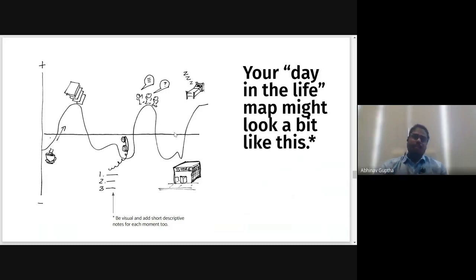Whatever you feel good about, put it on the positive side, and whatever you are not feeling good about, take it to the negative side, and draw small infographics for it, right? Create some diagrams which you can associate with. I'll give you 1 minute for this exercise. Just draw the things happening in your life, the ups and downs, and later we can discuss how the day was for you, and what the low point was.